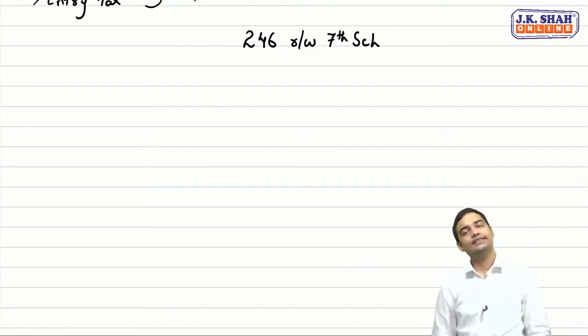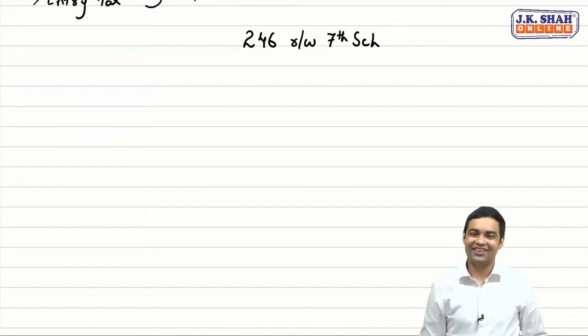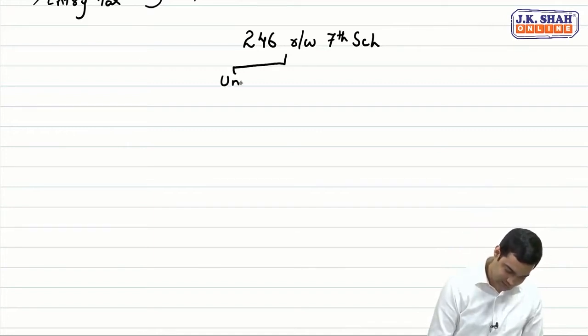Article 246 read with the 7th schedule of the Constitution has 3 lists. The first one, union list. Second, state list. And the third one being concurrent list.